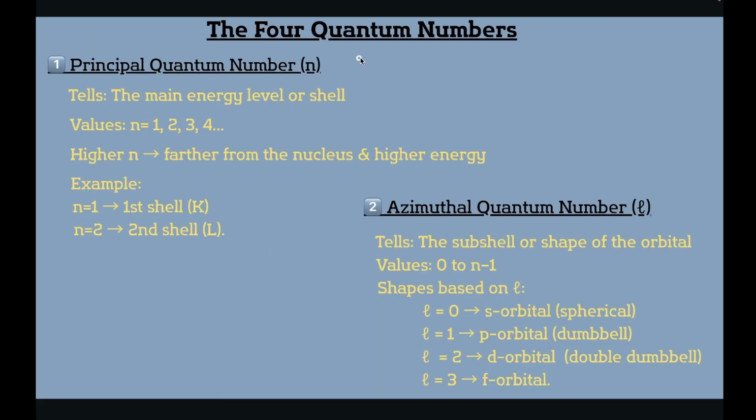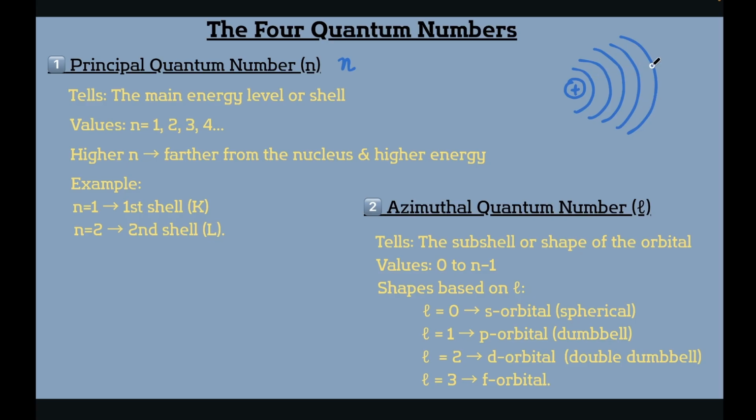It is denoted by n. It describes the location and energy of an electron in an atom. It tells us the main energy level or shell of an electron. Like this is the nucleus of an atom and these are the energy levels or shells of an atom in which electrons are present.